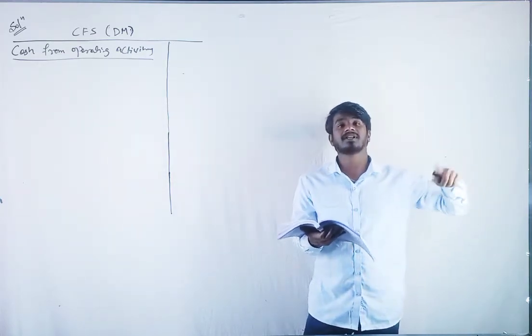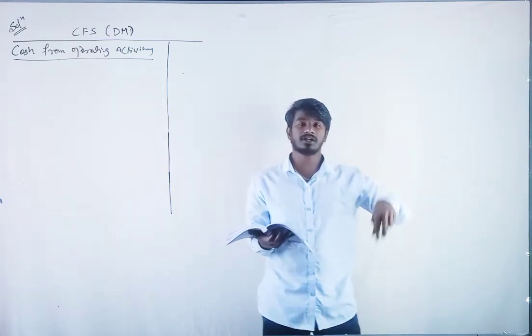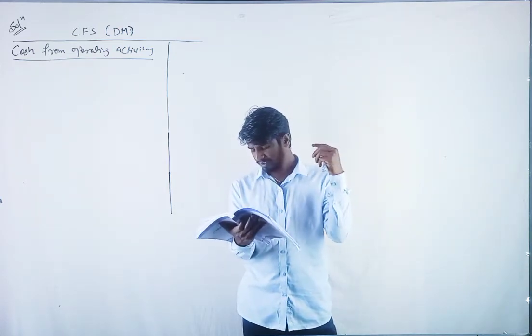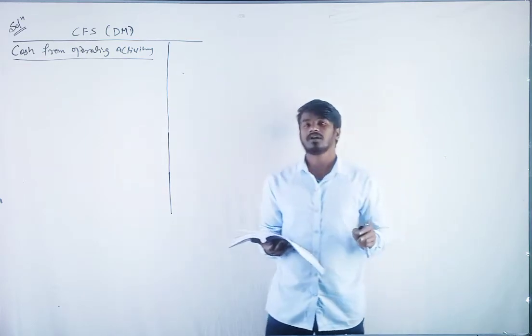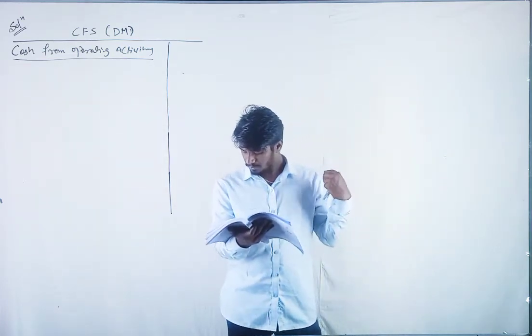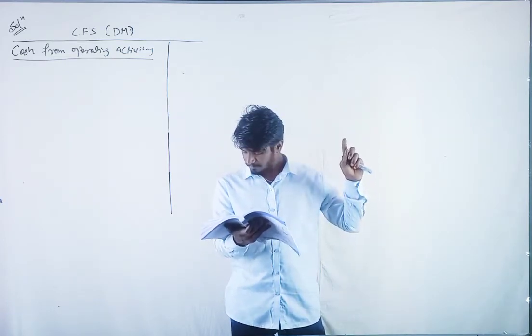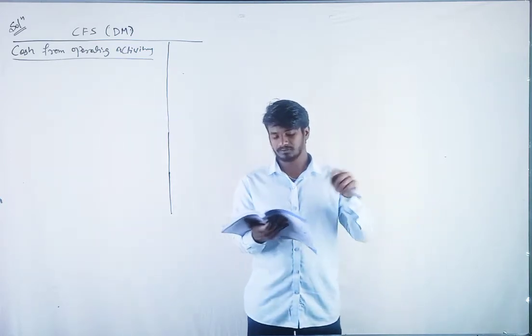In the indirect method, we will add it to the net profit, right? But here we are taking revenue from operation straight away, so we won't consider this transaction. Insurance premium is an operating activity. Then they have given tax, we will minus it from the revenue in the end.